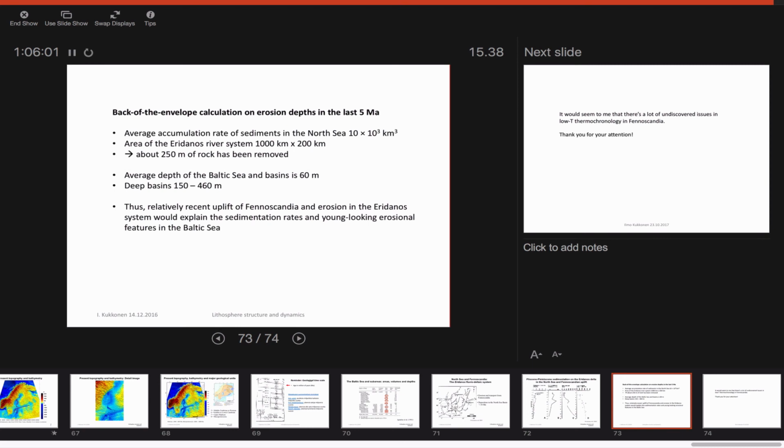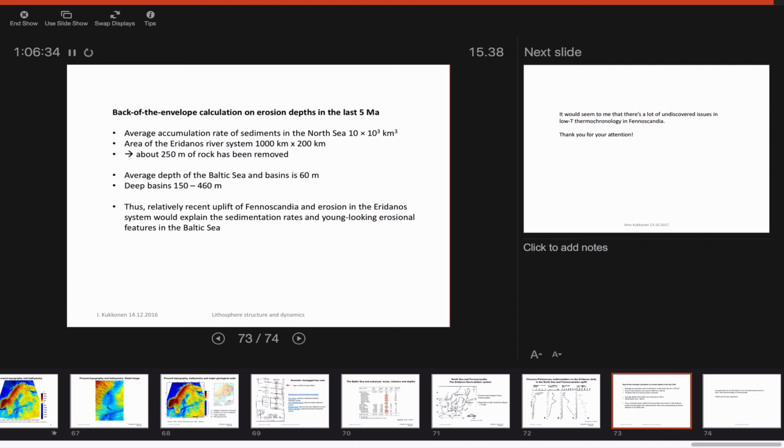If the river system area is like this, it may have removed something like 250 meters of rock rapidly. In 10 million years, it would then be same order of magnitude as the sedimentation in the North Sea. If this is the case, I don't want to swear on it, but it's really possible that we have this kind of a system.